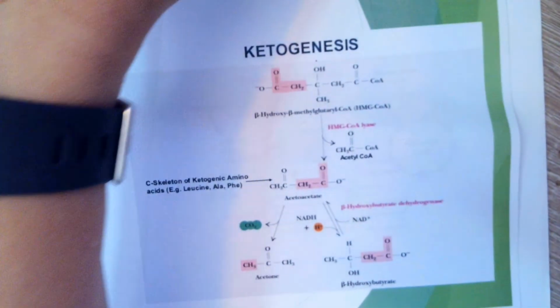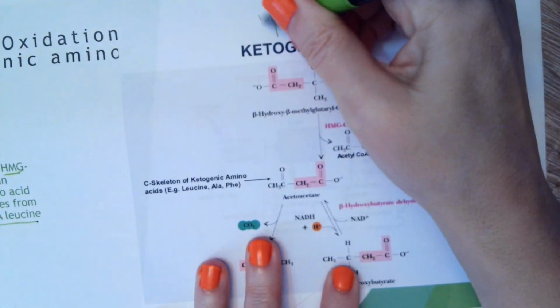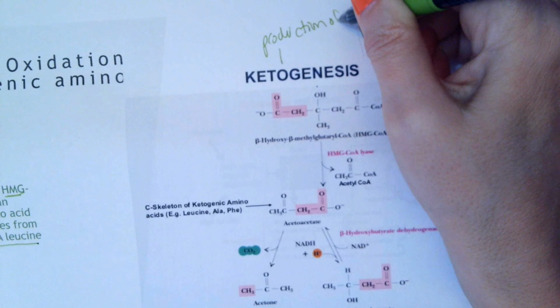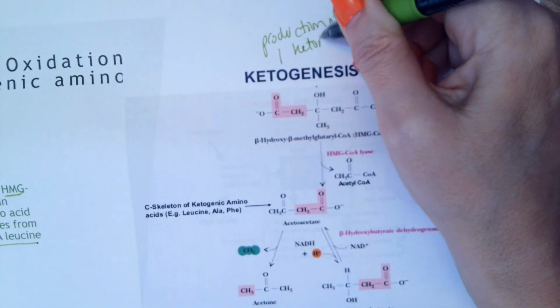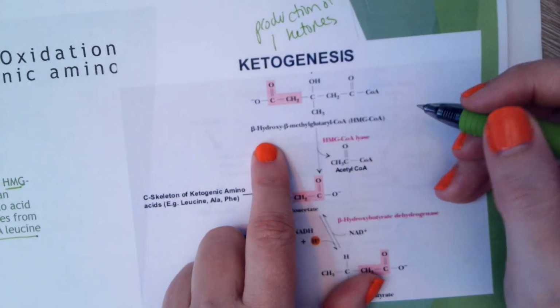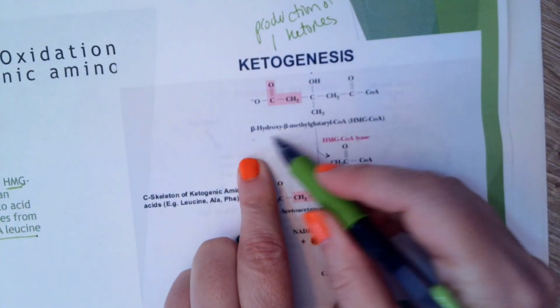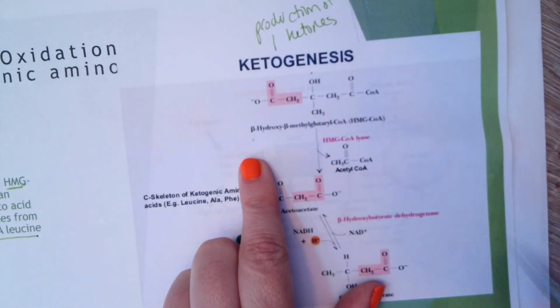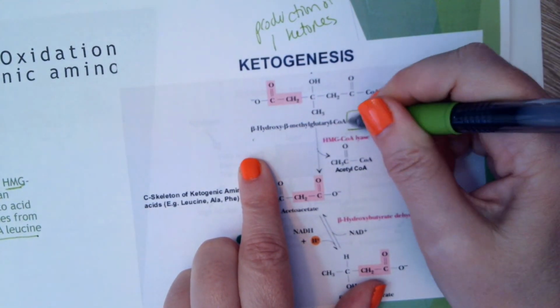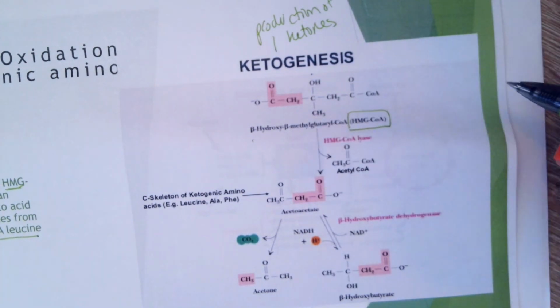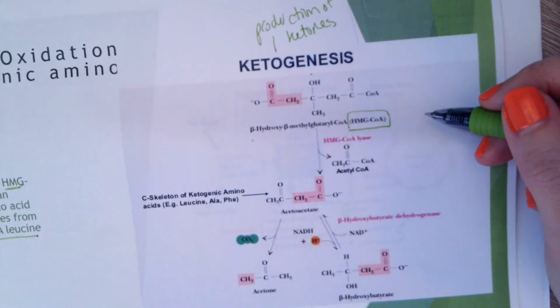Ketogenesis is the production of keto bodies, or ketones. And what we're looking at here, this whole long name right there, is just the extended version of HMG-CoA. That's just the full name for HMG-CoA. We're just going to call it HMG-CoA.